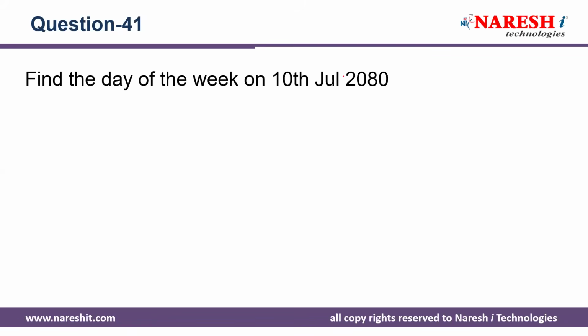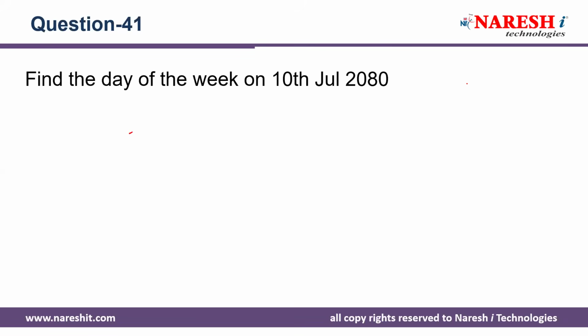Again, different answers are coming. Mohit Monday, Yogesh Thursday, Raja Saturday. Again, different answers. One more answer, Sunday, Thursday. I'll check how many people are giving the same answers. Wednesday, Sunday again, Wednesday. Wednesday is the majority.